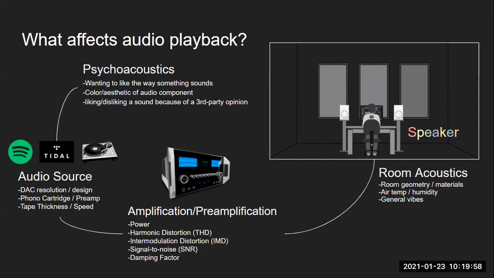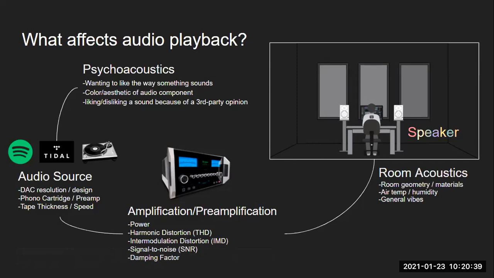It also depends on your audio source. There's different resolutions of music playback. If you're working with a more physical playback system, there may be a tape thickness, or maybe the quality of your vinyl. To elaborate on that a little bit, with a record player you have this little moving needle, and the quality of that itself is a little transducer, so how it's built can influence the sound quality.